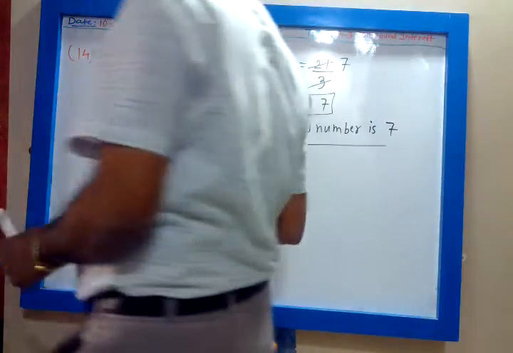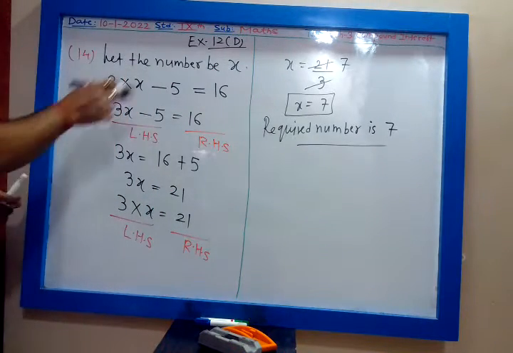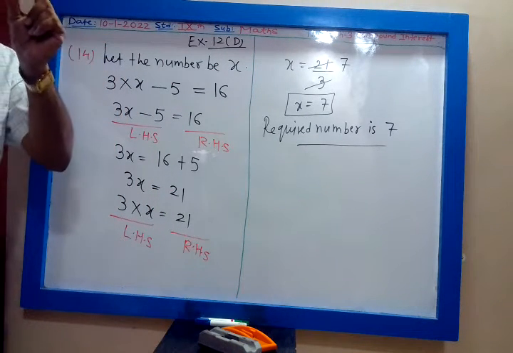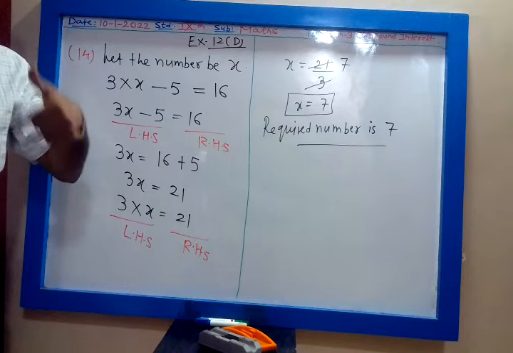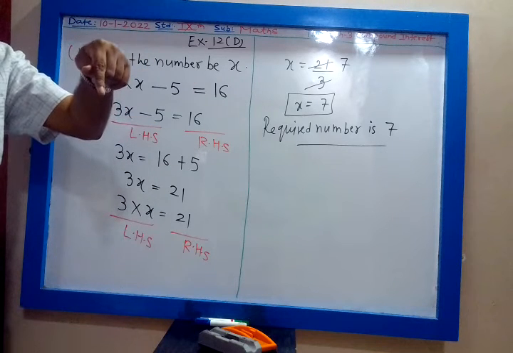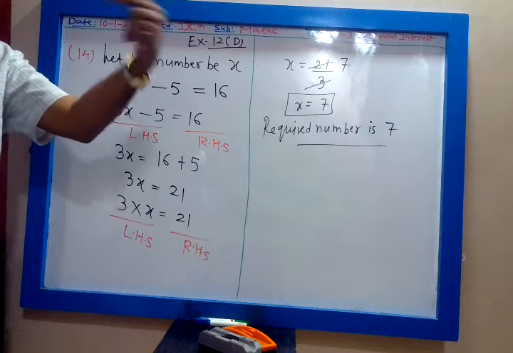Simple question. 5 is subtracted from 3 times of a number. So I will not write 5 minus 3x; I have to write 3x minus 5, because 5 is subtracted from. Whichever number is after 'from', that we write first.